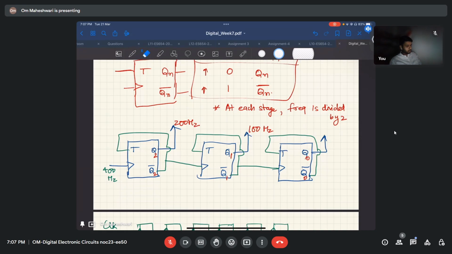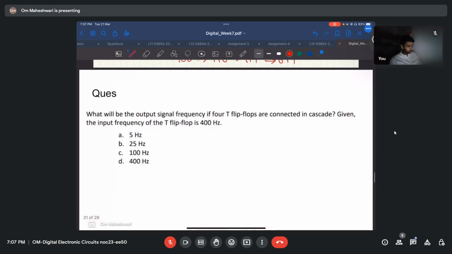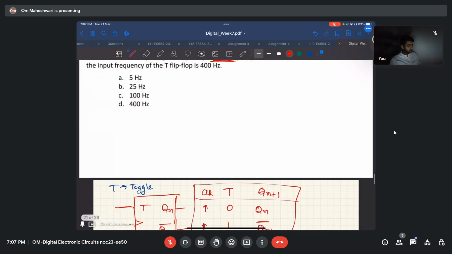So frequency divided by 2 to the power, for the 4 different flops.